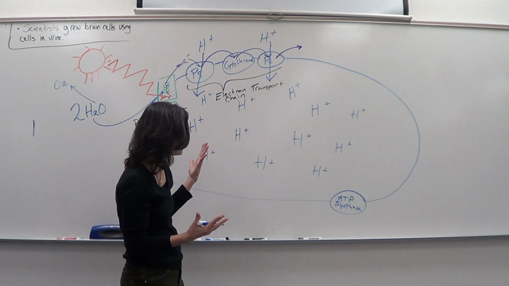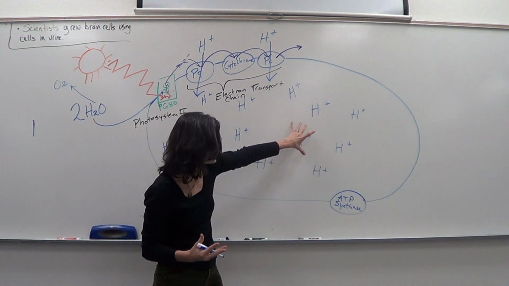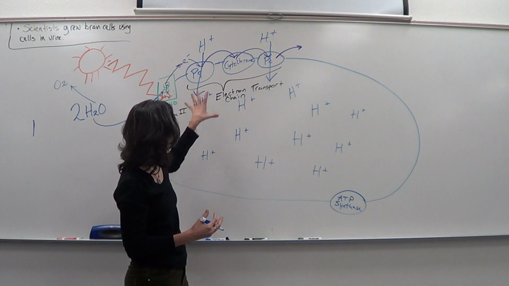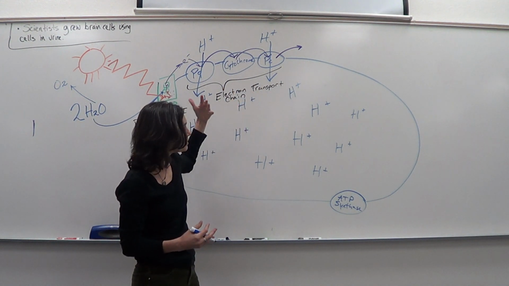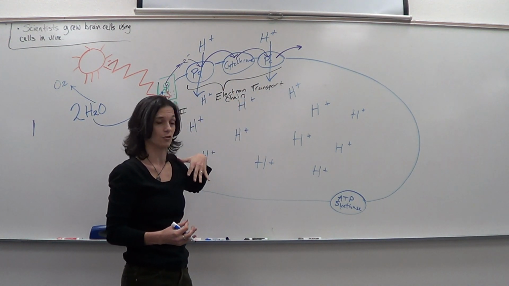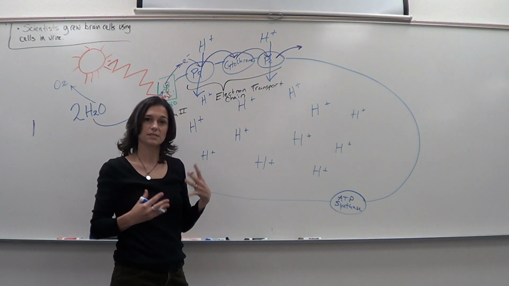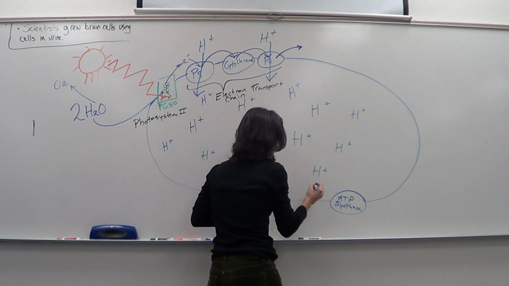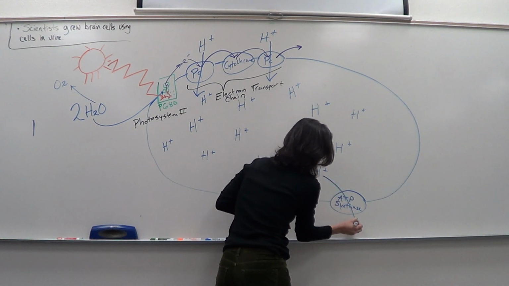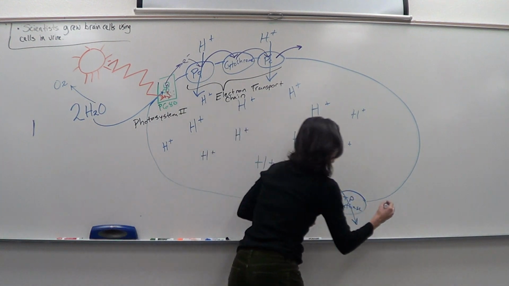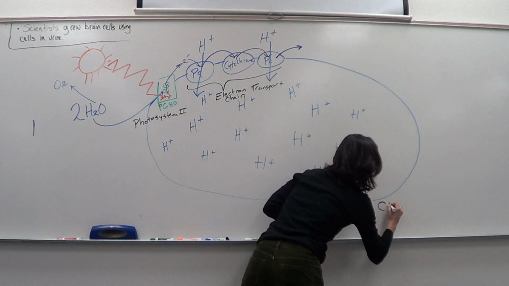So what ends up happening is these hydrogen ions are going to diffuse out of the thylakoid space. So this is a matter of facilitated diffusion. They are going through the ATP synthase. But the ATP synthase works kind of like a revolving door. And so as these pass through, we are calling this process chemiosmosis. I will write that here for you.